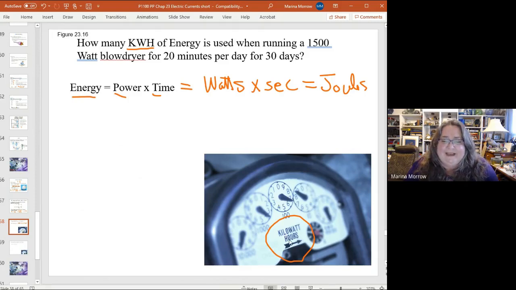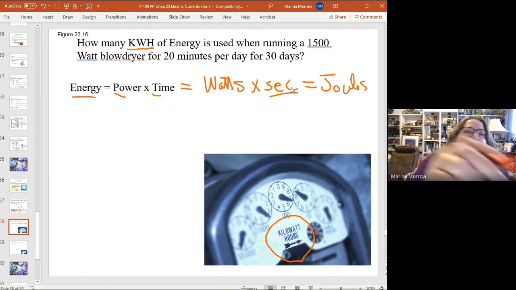But anyway, what's a kilowatt hour? Well, seconds was too small. So we use electricity for hours and hours a day. So the power company charges us for hours of kilowatts, thousands of watts, because we use a lot of electricity. So your monthly bill has a number in kilowatt hours.